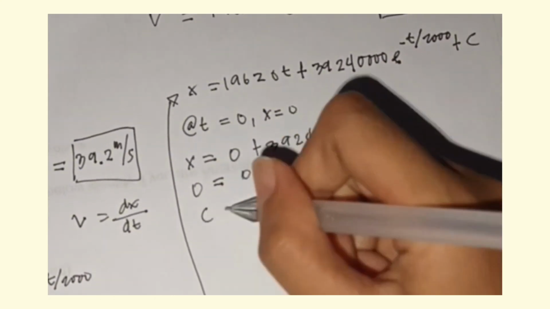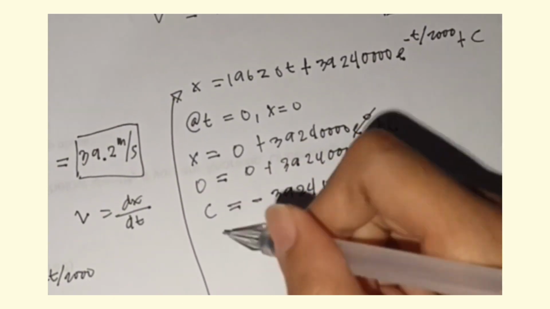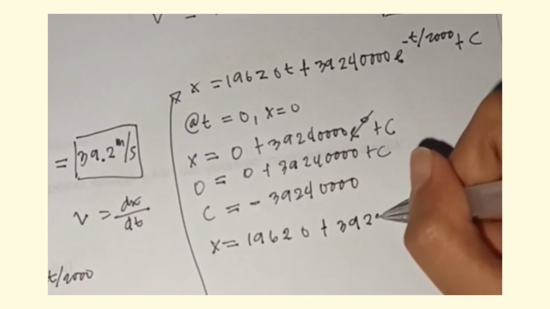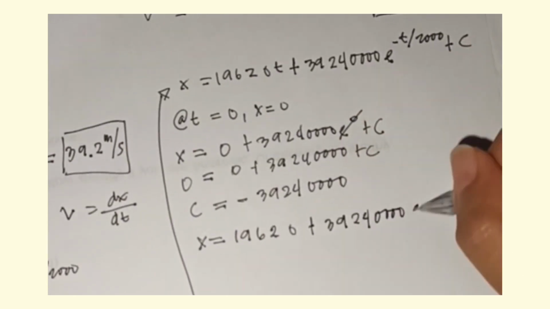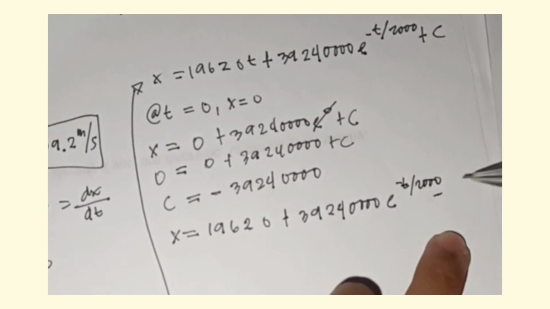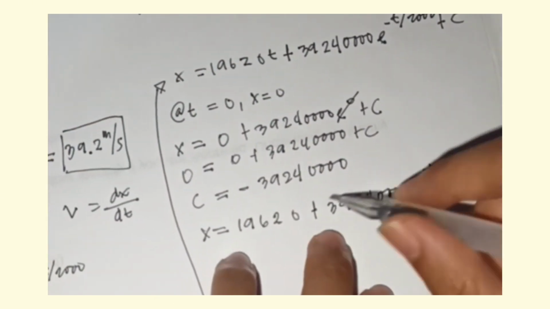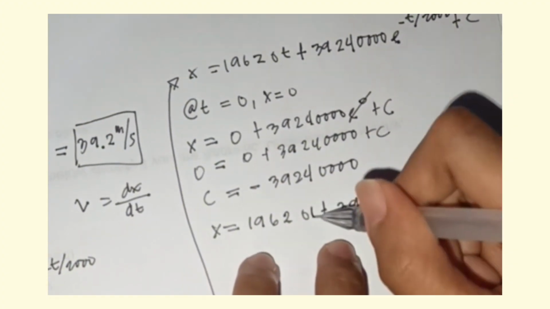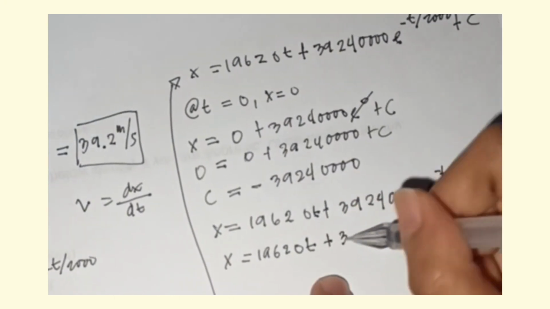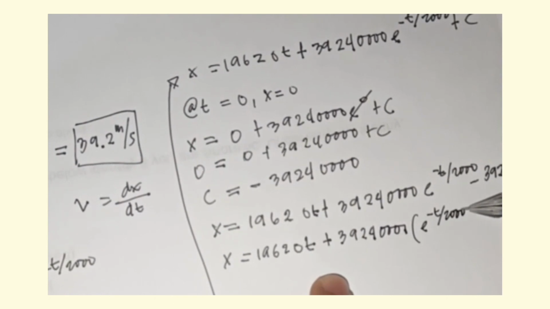So the value of c here equals negative 3924000. So it will become x equals 19620 t plus 3924000 e raised to negative t over 2000 minus 3924000. So I can factor out, so we have x equals 19620 t plus 3924 and 4 zeros multiplied by e raised to negative t over 2000 minus 1.